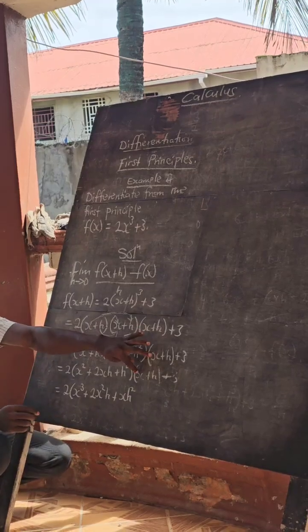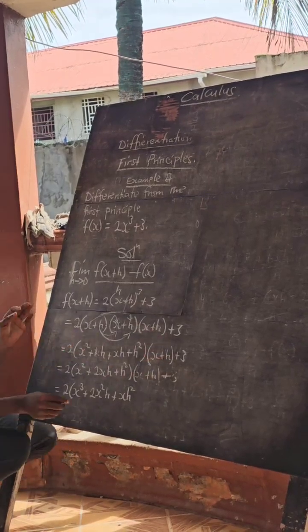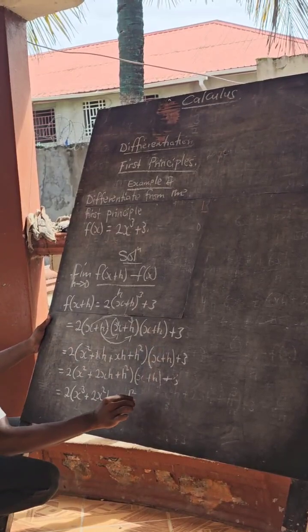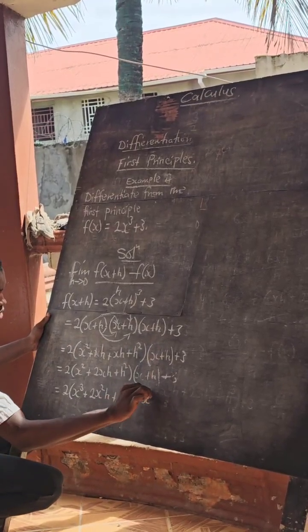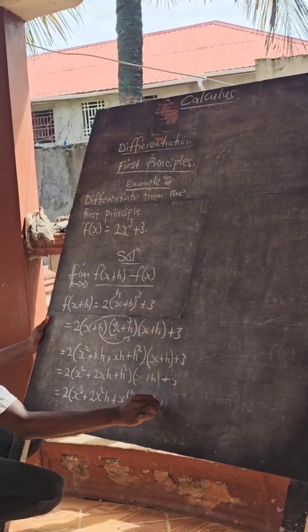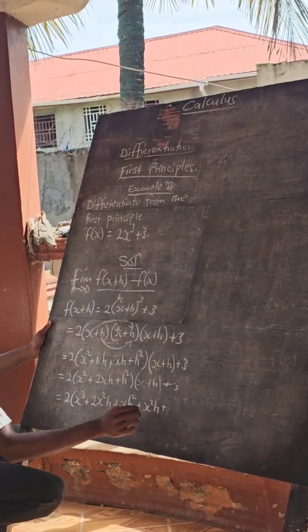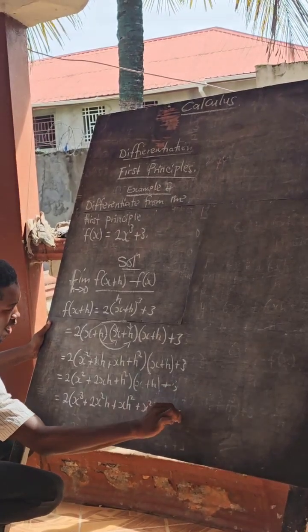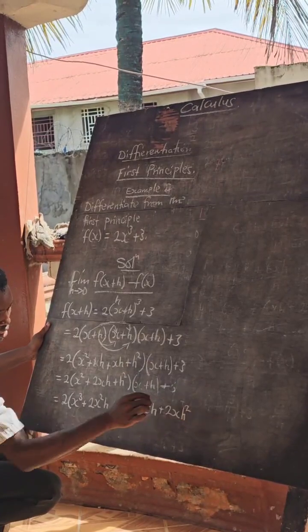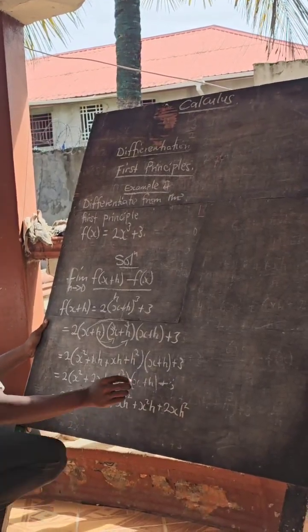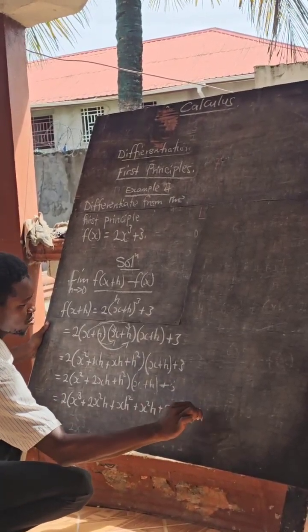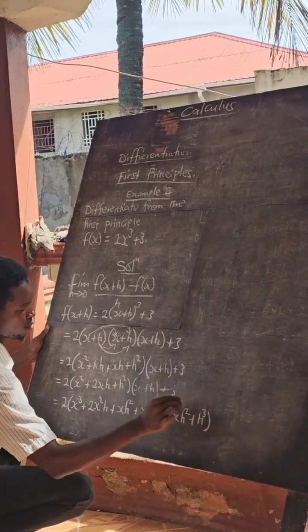That's done with the first one. We go to h: h multiplied by x squared gives x squared h, h times 2xh gives 2xh squared, then h times h squared gives h cubed. Everything plus 3.